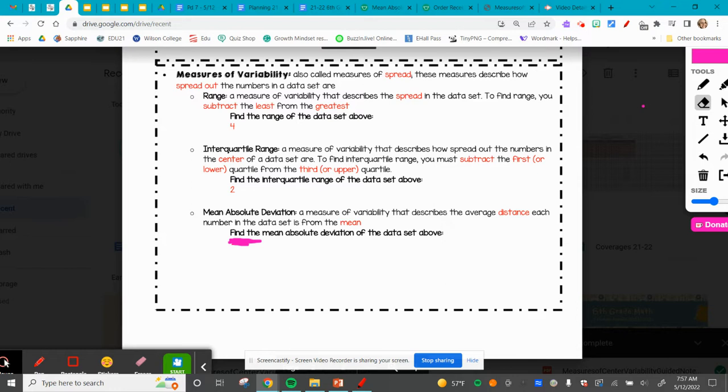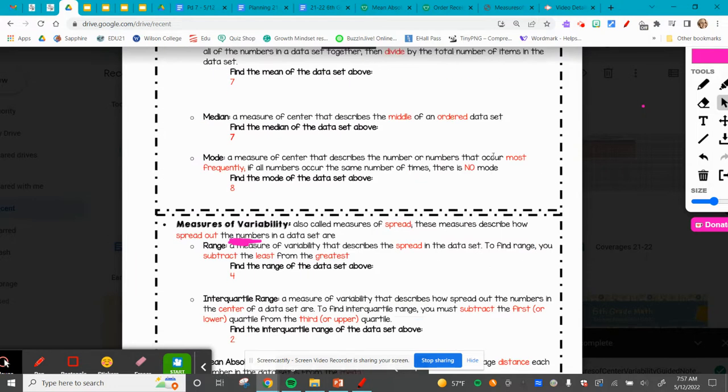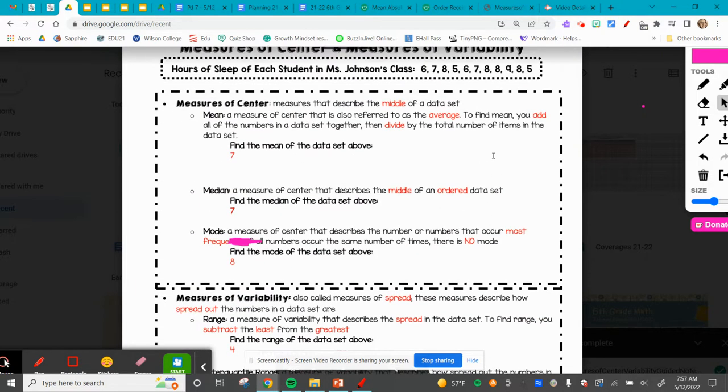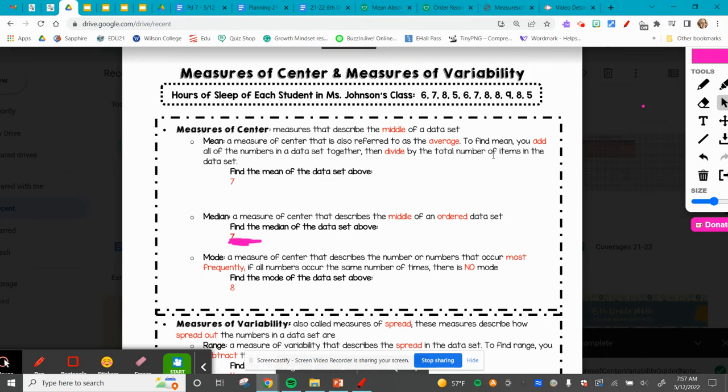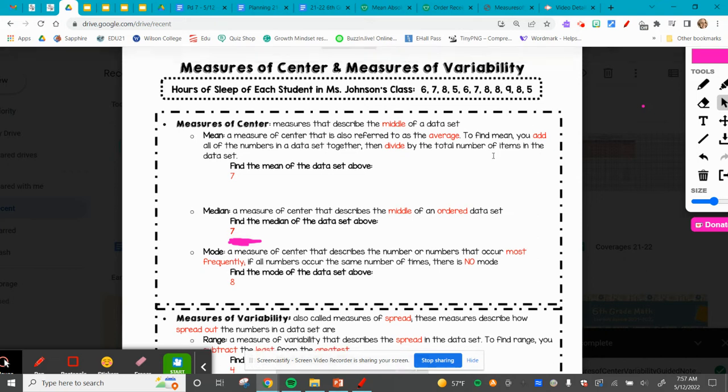Once we do that, we get the absolute value of those differences, we add them together, and divide by the number of pieces of data. So for this particular piece of data, our mean is 7. And when our mean is 7, we take each of these numbers and subtract them from 7. And we want the absolute value of that.